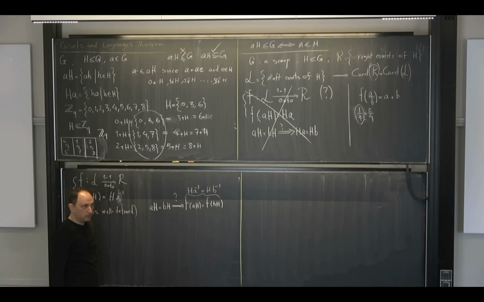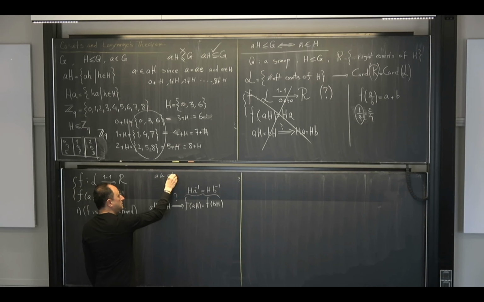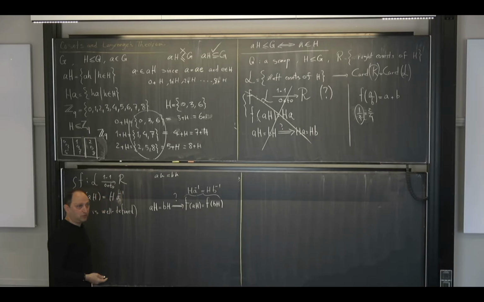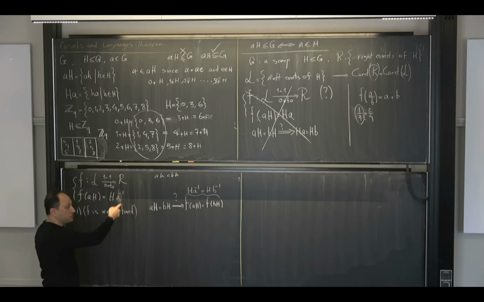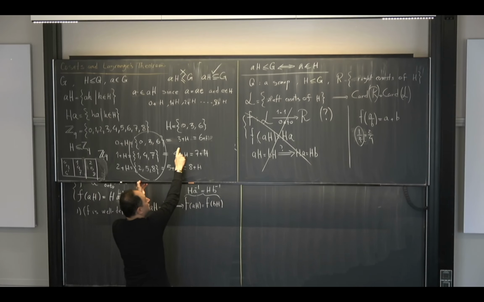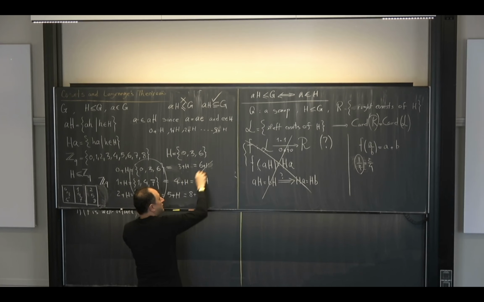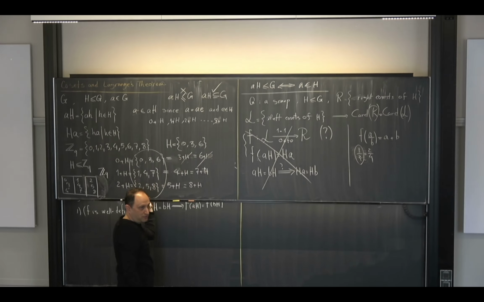If I have little h, little b, I can cancel h's, because cancellation works in a group. I am not allowed to cancel subgroups. If you are, you have to prove it already, which is not the case. And this shows it is not the case because you see 3H is this, and if I cancel H, I get 3 is equal to 6. That's not correct.